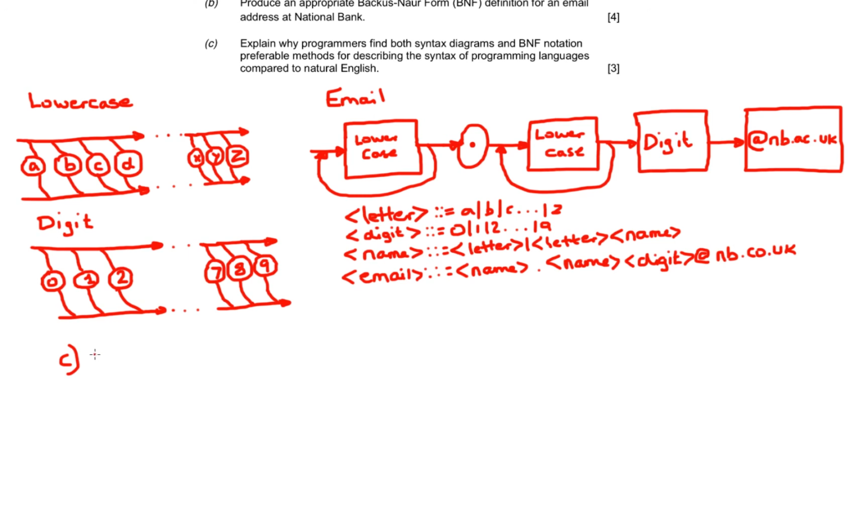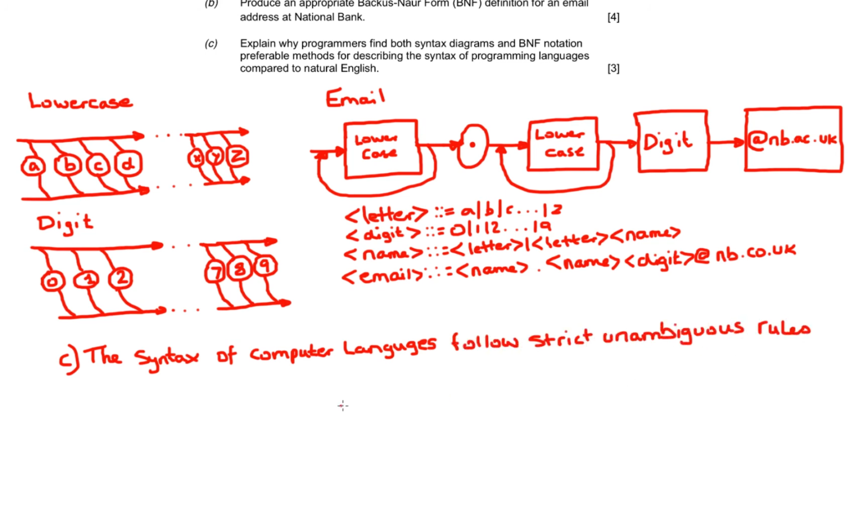In part C, we have to explain why programmers find both syntax diagrams and Backus-Naur form notation preferable methods for describing the syntax of programming languages compared with natural English. Natural English is what I'm speaking right now. The syntax of computer languages follows strict, unambiguous rules. That means they can't be interpreted in more than one way.